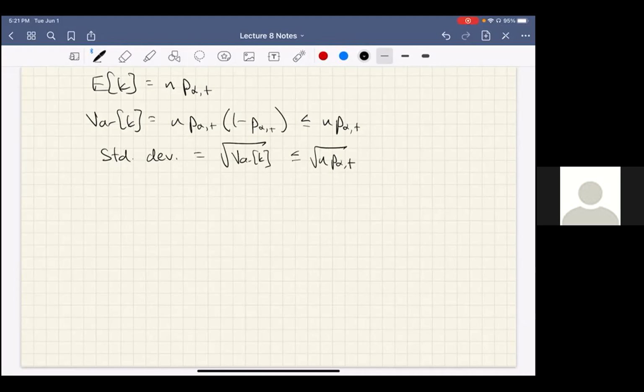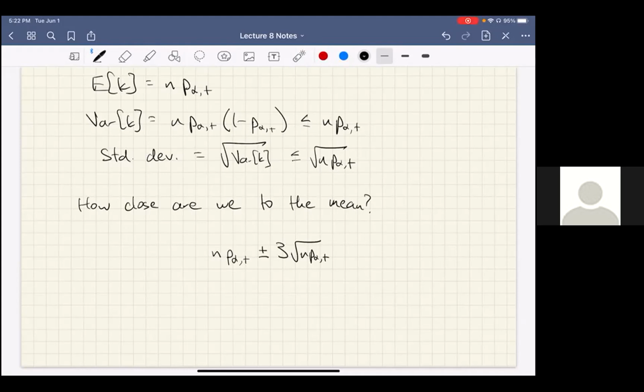So my question is, how close are we to the mean? If I have a mean of n p alpha t, and let's say 99% of the time I want to be within, for a Gaussian, 3 standard deviations. That'll be 3 root n p alpha t. The p alpha t here is just a constant.